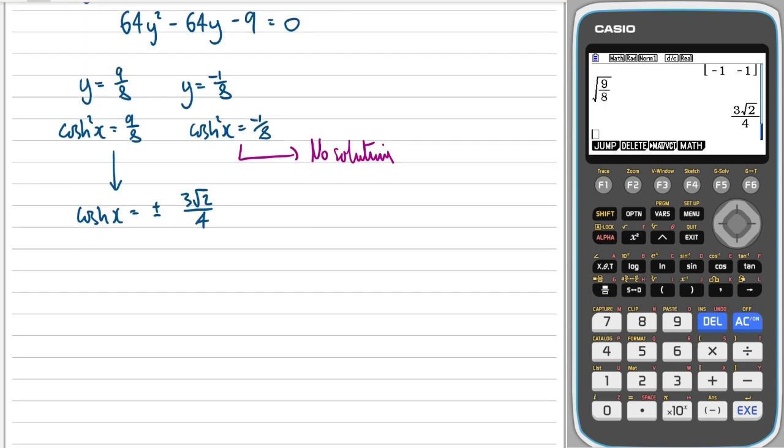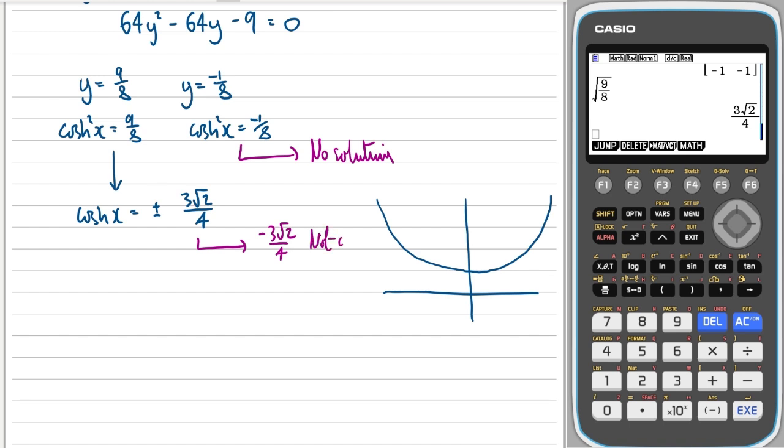And we know that the cosh graph looks like this, so therefore it can't take negative values. So the only solution here, we can say that minus 3 root 2 over 4 is not a solution, it must be rejected.